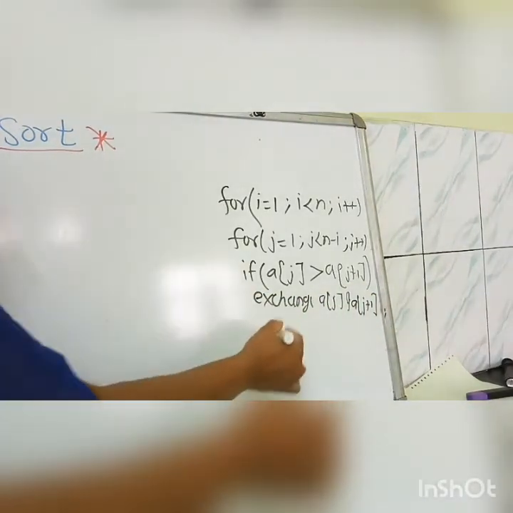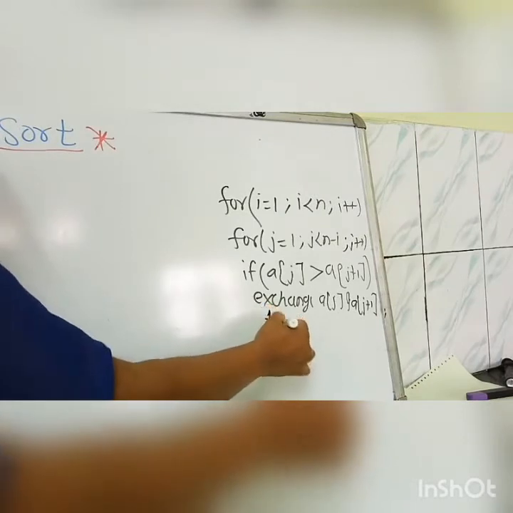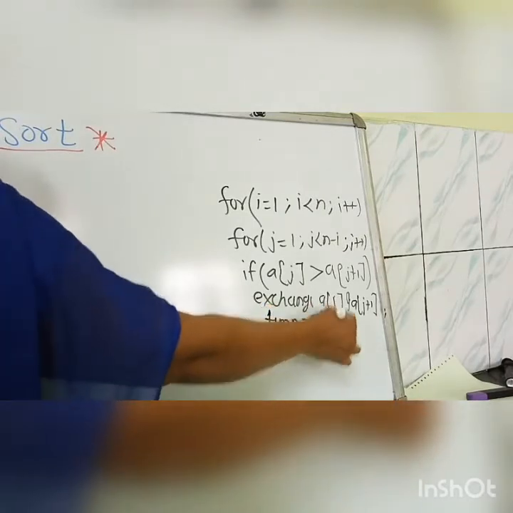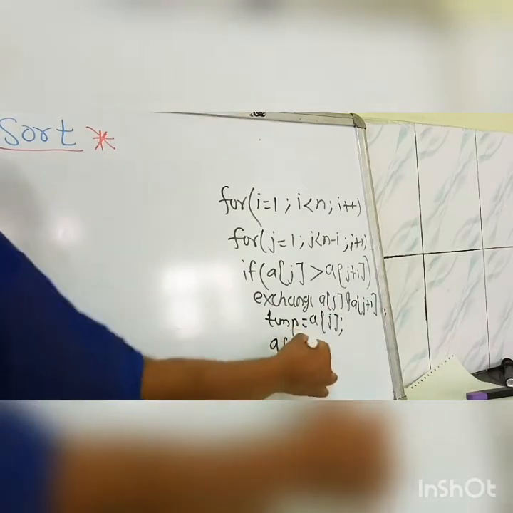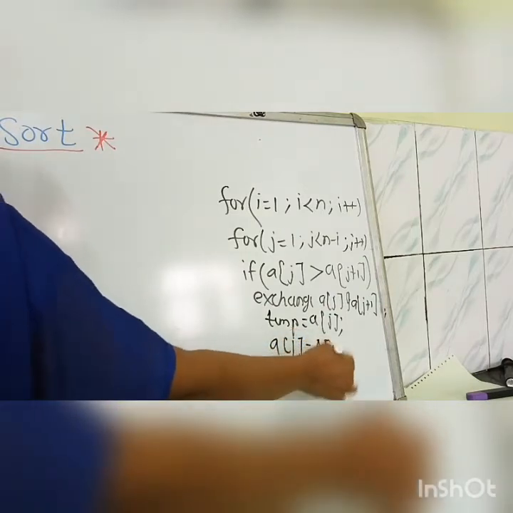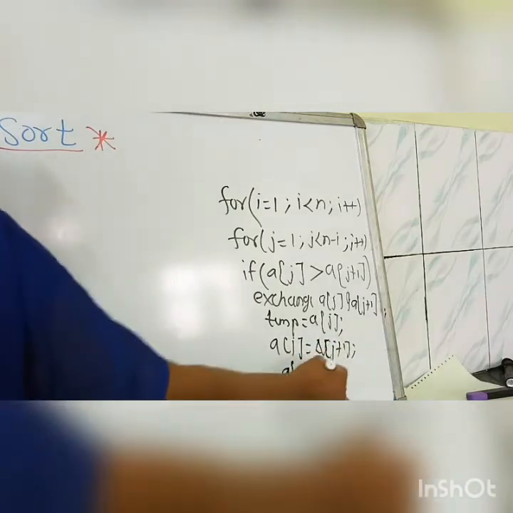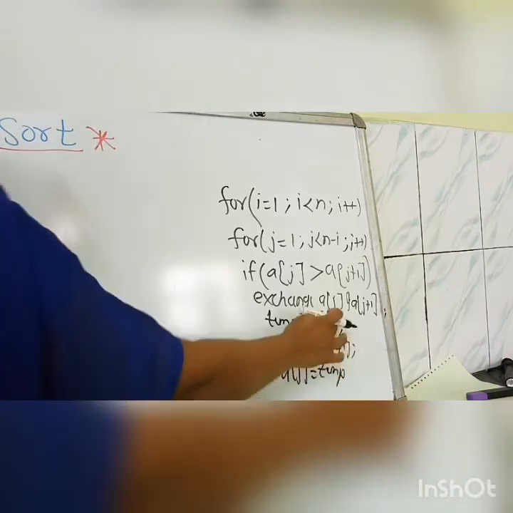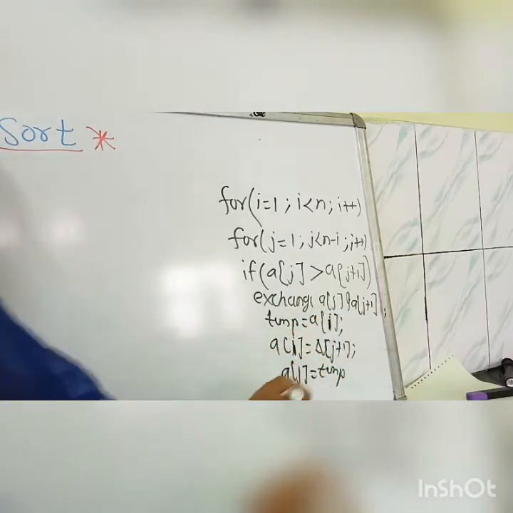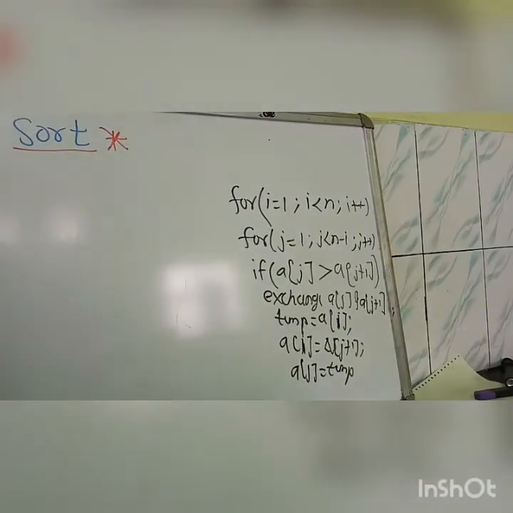Means how we are actually swapping these elements: temp equals a of j, a of j equals a of j plus 1, and a of j plus 1 equals temp. This is the basic technique behind sorting elements in bubble sort. According to that method, we will sort our elements.